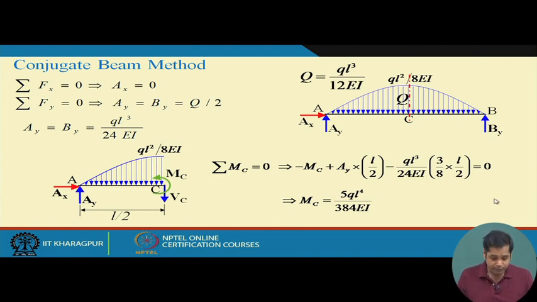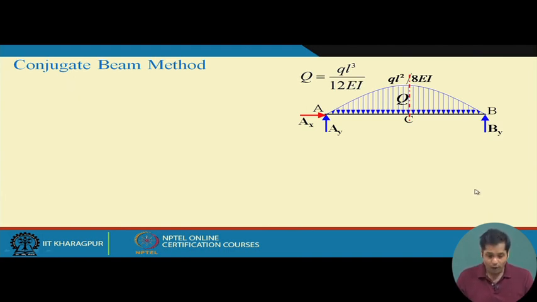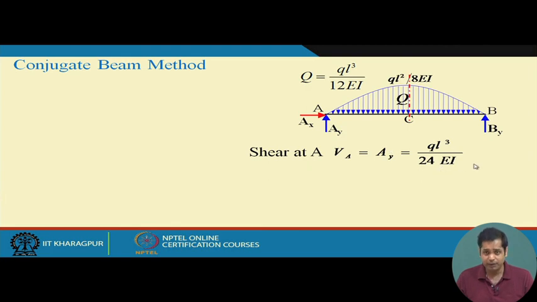Okay. Now, shear at A is equal to the support reaction at A, which is equal to QL cube by 24 EI, that we already obtained. What will be the shear at B? Shear at B will be minus By, not AB.